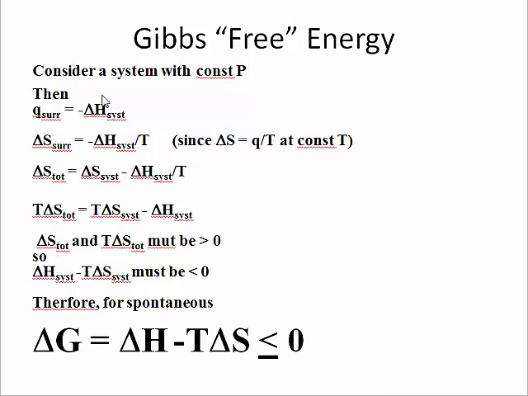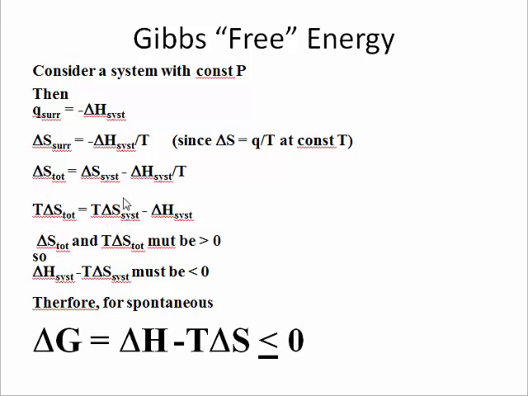Q for the surroundings is the negative of delta H for the system, since delta H is equal to Q. If we assume a constant temperature, the entropy change of the surroundings can be taken as delta H over T. We've talked about how delta S is often, for heating something up, Q over T at constant T. This means the total entropy change of the universe is the entropy change for the system minus delta H for the system over this temperature T.